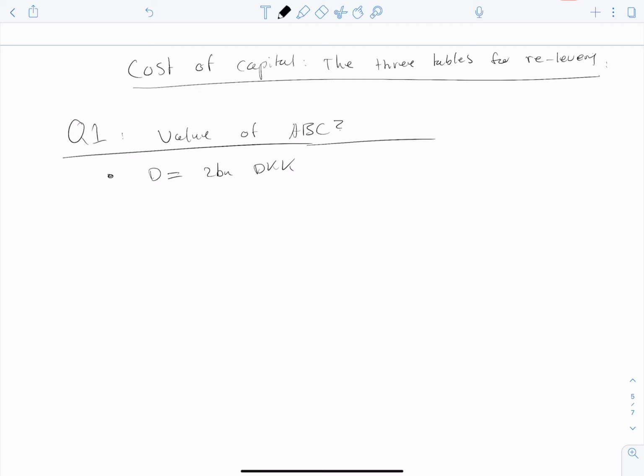Now I ask you, how do you find the value of ABC? Most people, from experience, when I've done this exercise with students, immediately think that we need to use these three tables and all of these things, which there was so much focus on in the lecture. But for this question, we actually don't need to do that.